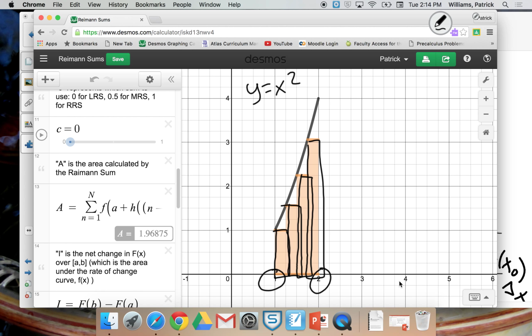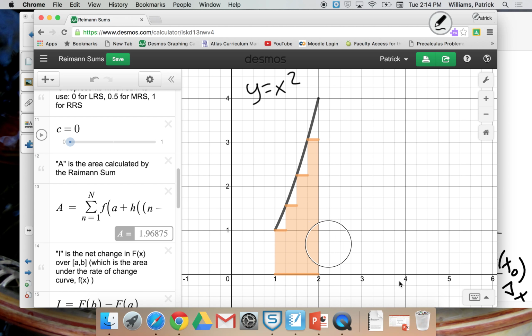I know the ink I'm drawing is overlapping those rectangles, but trust me, those represent 4 equally spaced rectangles. So this is a left-hand Riemann sum. Try to see if you can calculate the area of those 4 shaded regions. All right, if you've done it, you should have gotten an area of 1.96875.